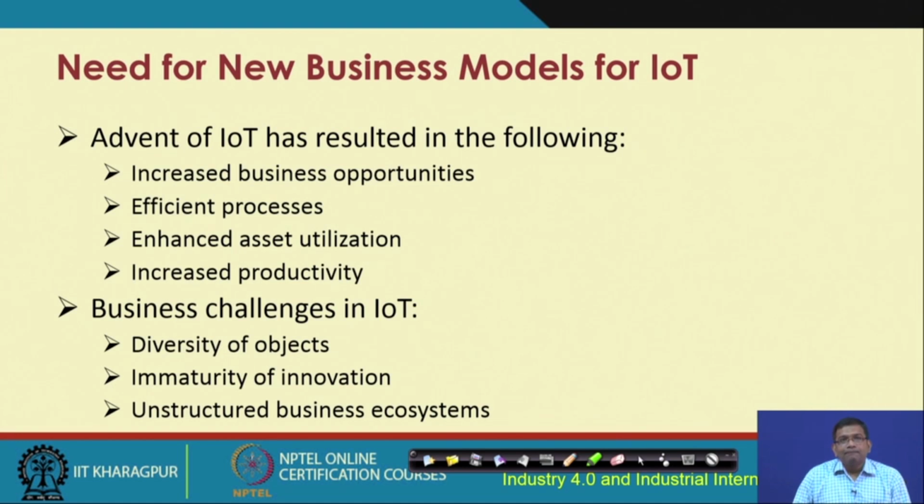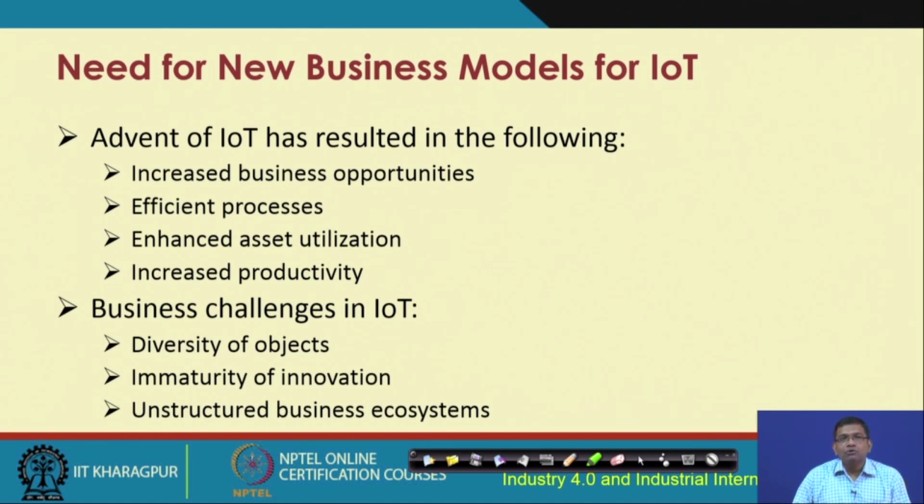The third one is that the business ecosystems are not structured in the IoT world. They are typically unstructured business ecosystems, and this unstructuredness arises because of the diversity that I talked about at the very beginning. There is diversity, there is immaturity, and as a result these business ecosystems are typically unstructured.